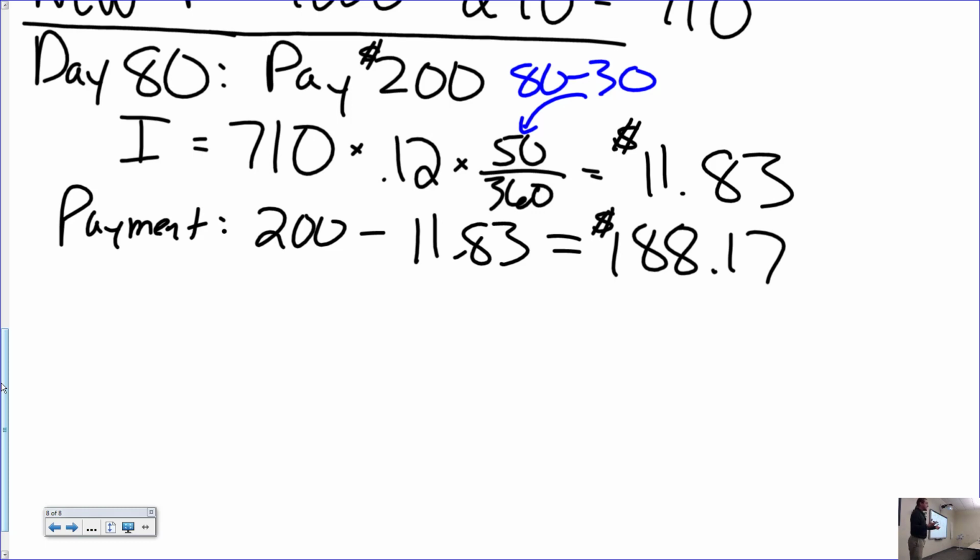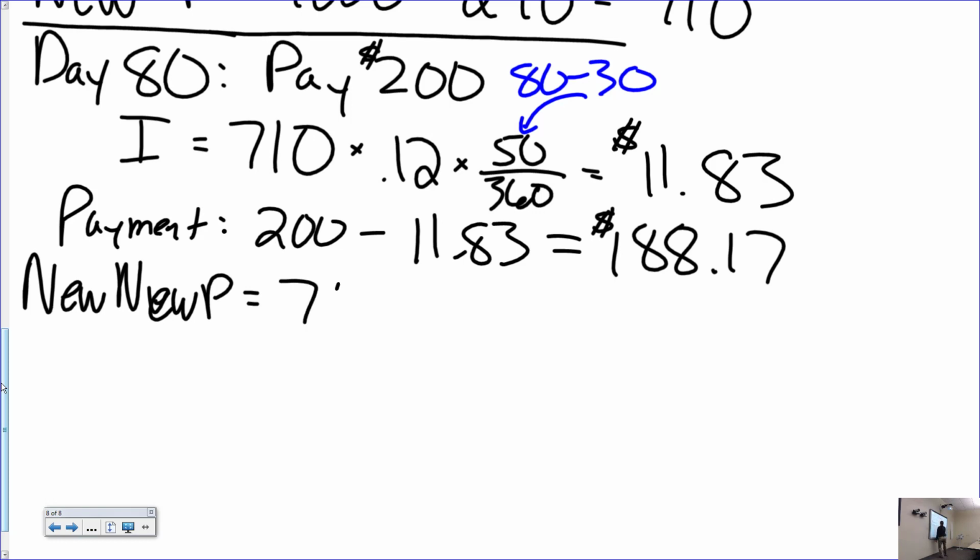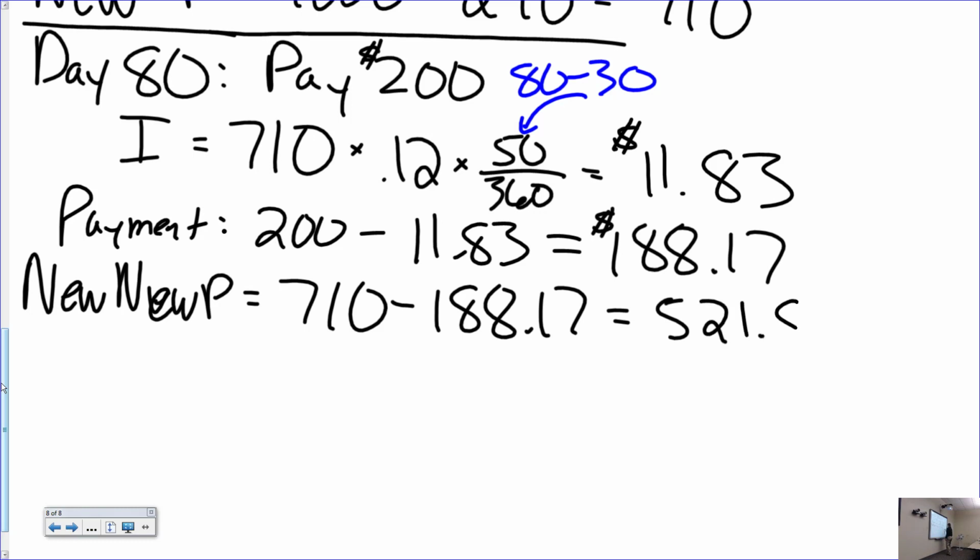What do I do with the $188.17? So our new principal is $710 minus the $188.17. What are we down to, folks? 521.83.